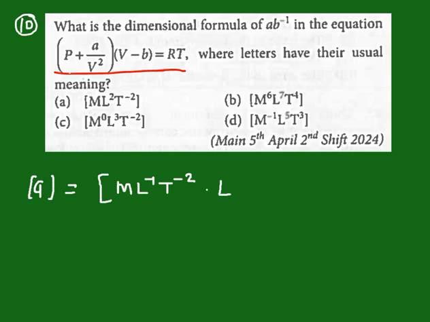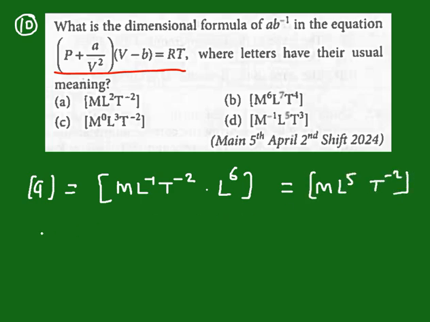So P will have dimension equal to A by V square, that's why they have added. So the dimension of A is equivalent to the dimension of pressure into the dimension of V square, that is L to the power 6. So this comes to be ML^5T^-2.